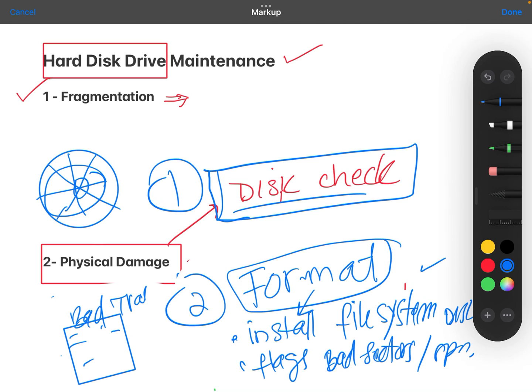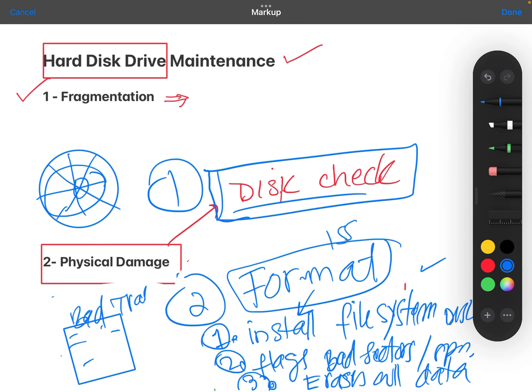Put all those bad spots over there. And then thirdly, it erases all data on the disk when you format. So 1, 2, and 3. Remember these things for the questions. When you issue a format, when you tell the computer, hey, format the disk, it does these 3 things.